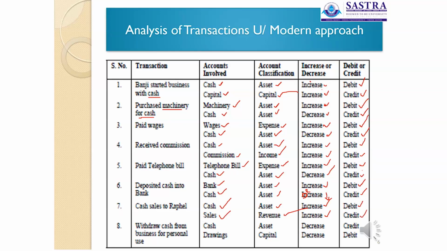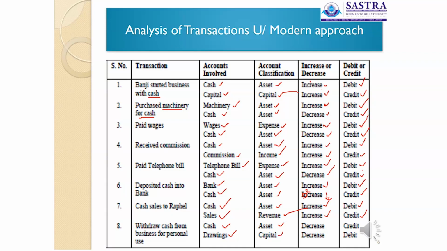Then withdraw cash from business for personal use. So cash account and another one is drawings account. Cash account is related to asset account. Drawings is the amount which is to be deducted from the amount of capital, so it reduces the amount of capital.